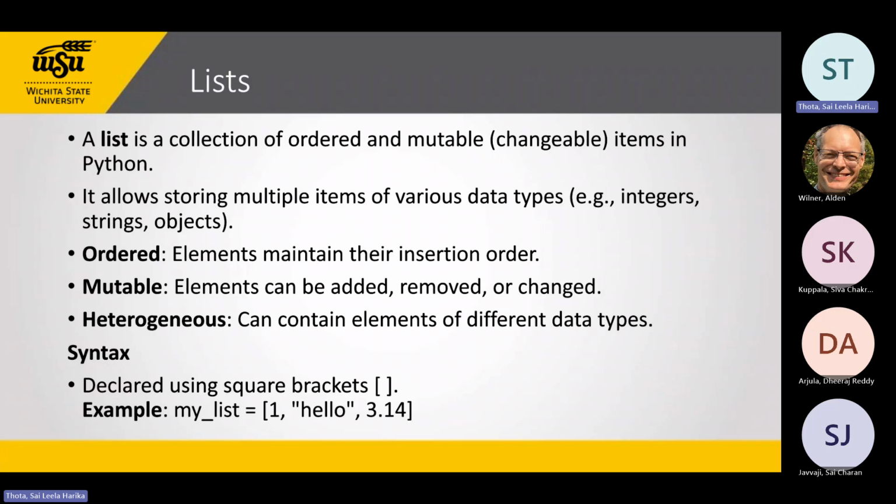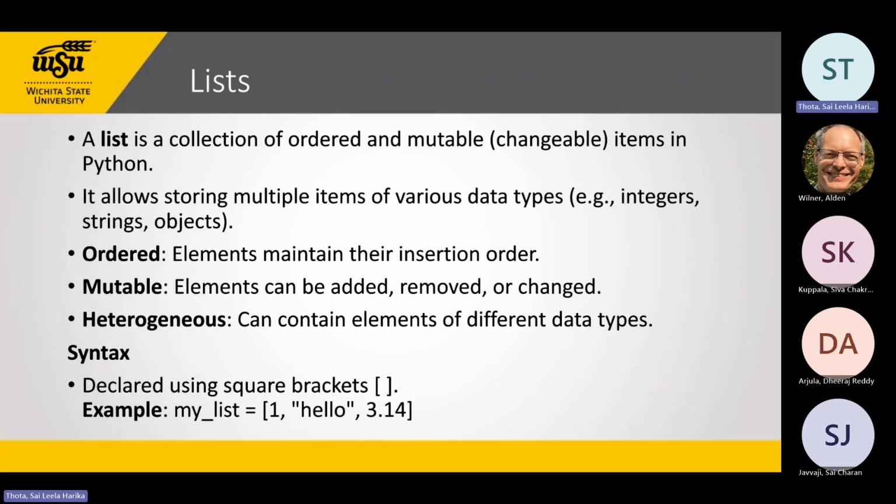Coming to list. List is a collection of ordered and mutable items. In the previous slides, we considered the list when I explained the statements and the operators; I gave an example of how the list is mentioned. So in a list, it's just the order of elements. For example, if you consider fruits like apple, orange, and mango, we can keep those in a list.